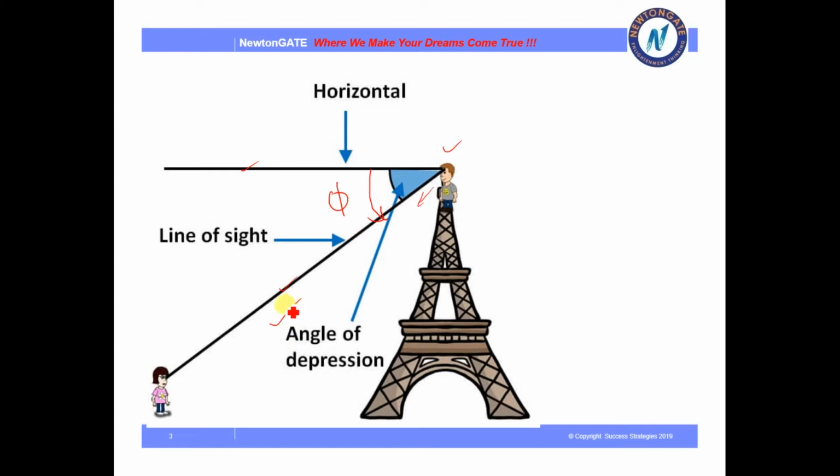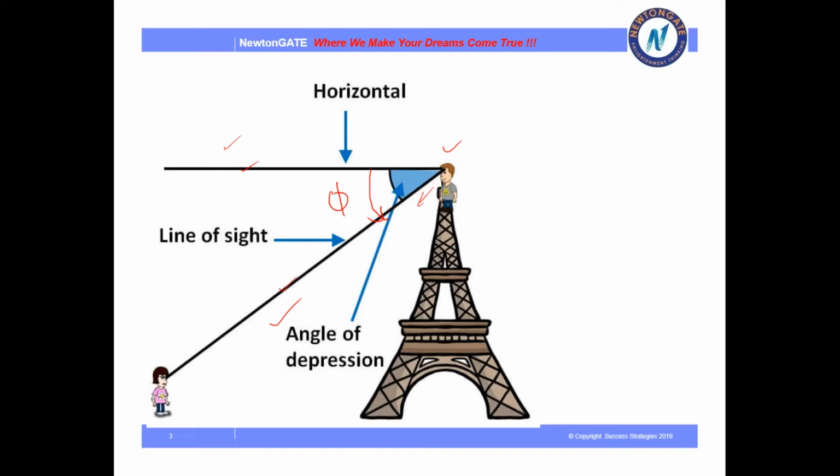So when a person standing on the ground looks up, that is angle of elevation, and when a person standing on top of a tower or on top of a building looks down on the ground, that gives us angle of depression. So this was just a day-to-day example.